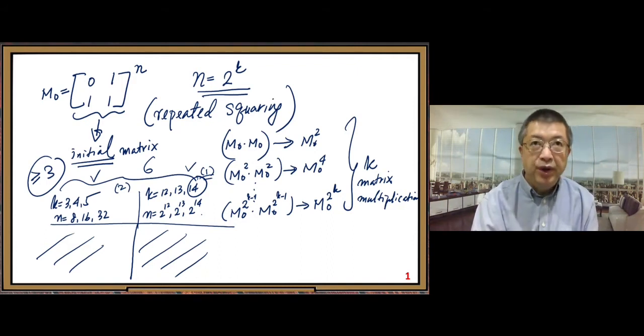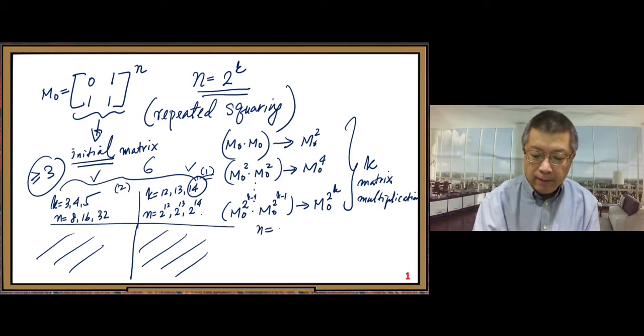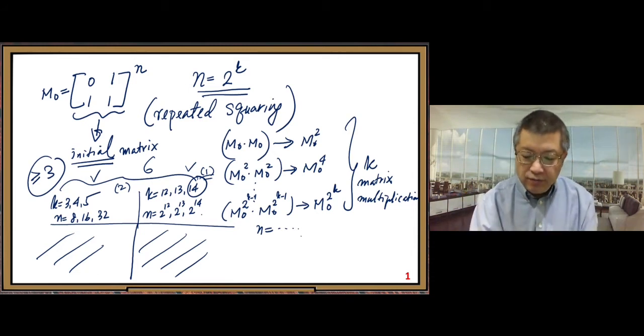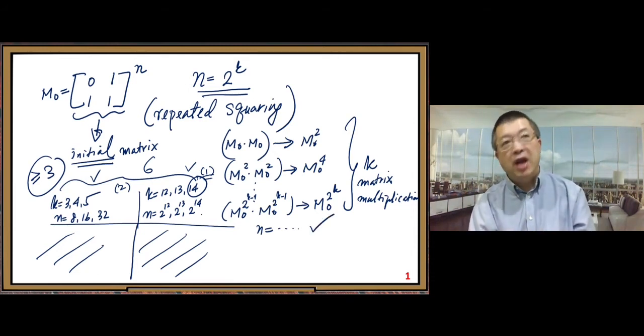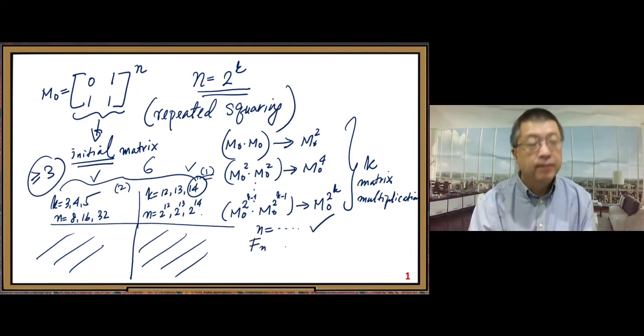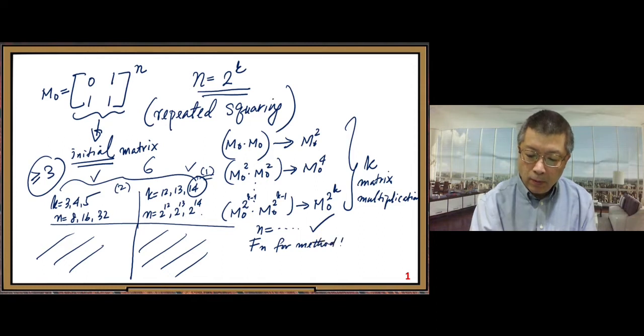But when you print out the output, look at this output. You need to print out the n number, after you choose k, which we use internally. First you need to tell me the n number, the Fibonacci n number. Second, you need to tell me Fn for method 1 and response time 1.